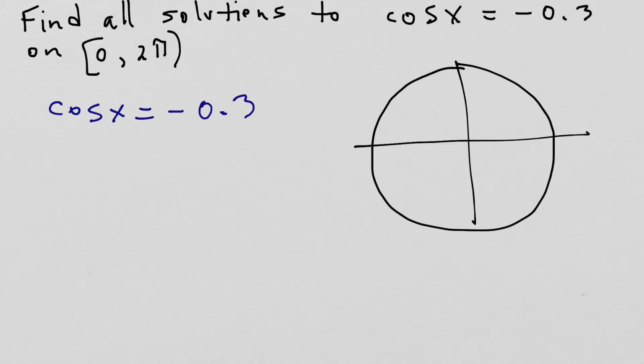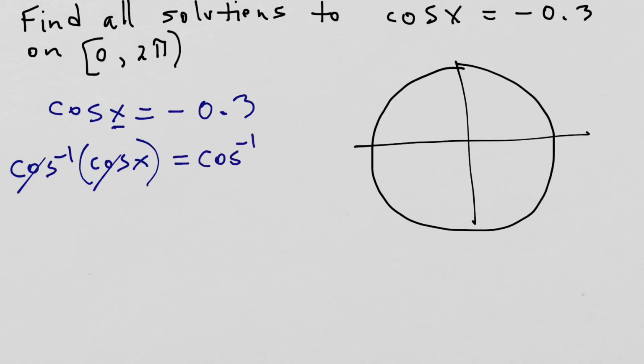So if I want to get my x out of this problem right here, I'm going to undo the cosine by taking the inverse cosine of cosine of x. So that'll undo that. But what you do to the left, you do to the right. All right, so I'm going to get x is equal to the inverse cosine of negative 0.3.